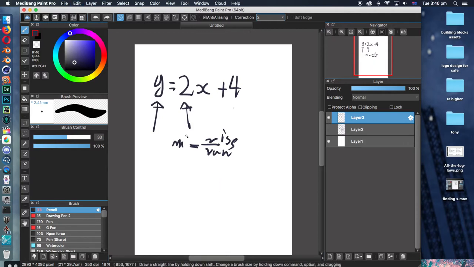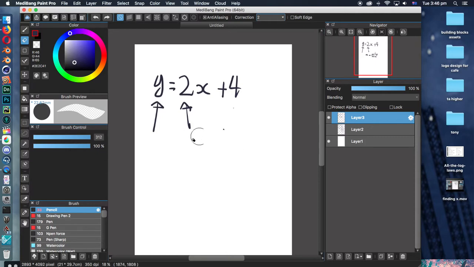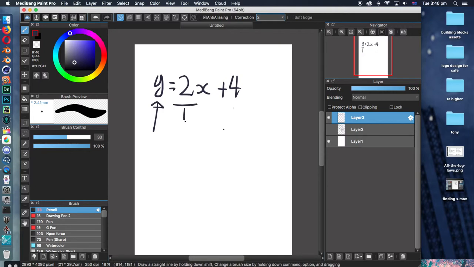Pretty extreme, but that's the gradient. And part of this, there's always a secret 1 here. Then we've got the x, so it's basically 2x. And then this is c, which is known as the y-intercept.